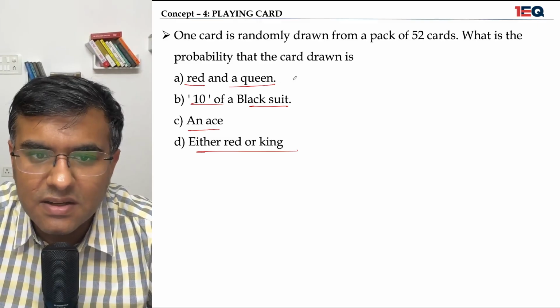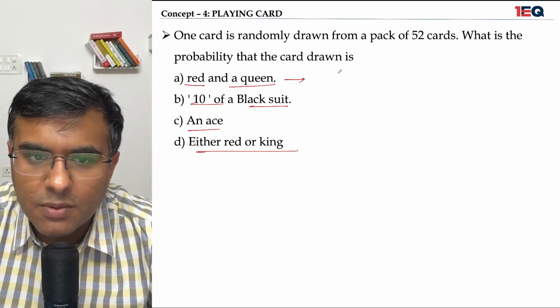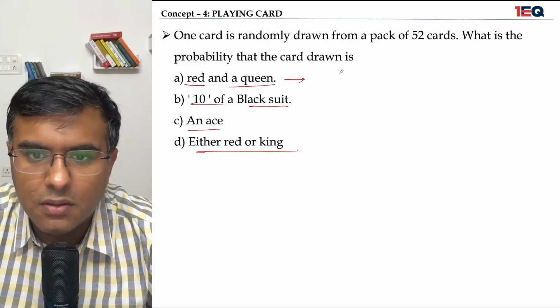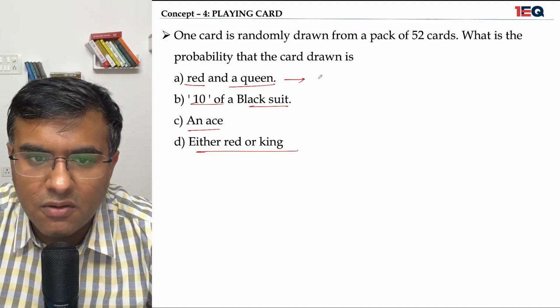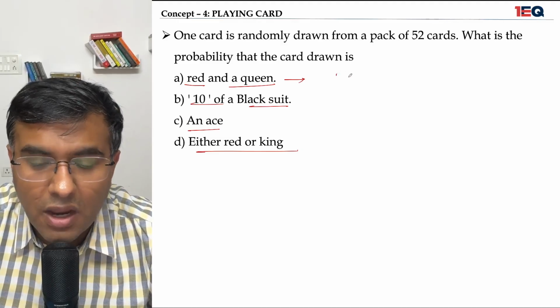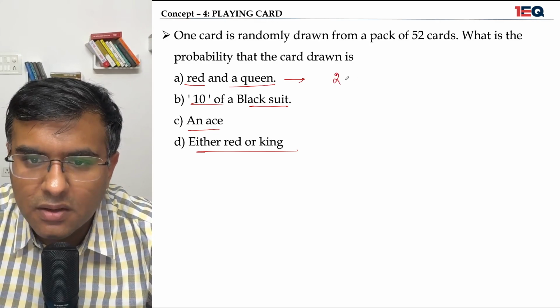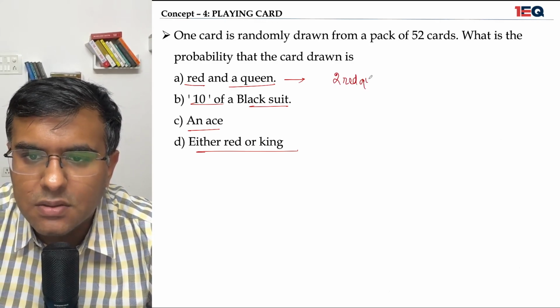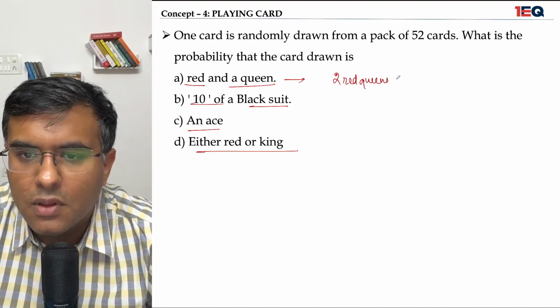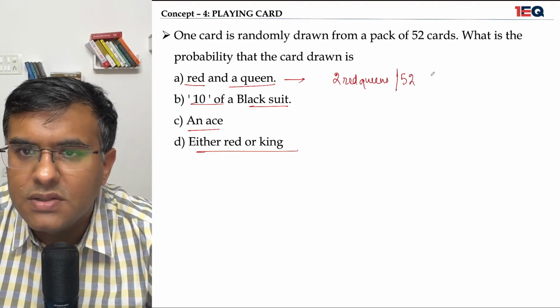So the first one is a red and a queen. The probability of having red and a queen: there are two red queens out of 52 total cards.